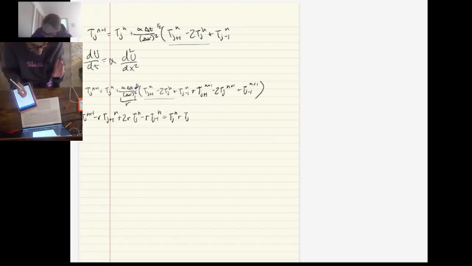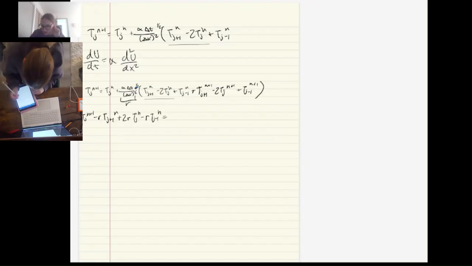No, sorry, these signs are messed up, so let me fix this real quick. Okay, so if we're looking at these here, that is going to be flipped over negative, so that's correct. It just needs to have that n plus 1. This is going to be flipped over here, that's going to be a positive, that's correct. Those are all correct, I just forgot that n plus 1.